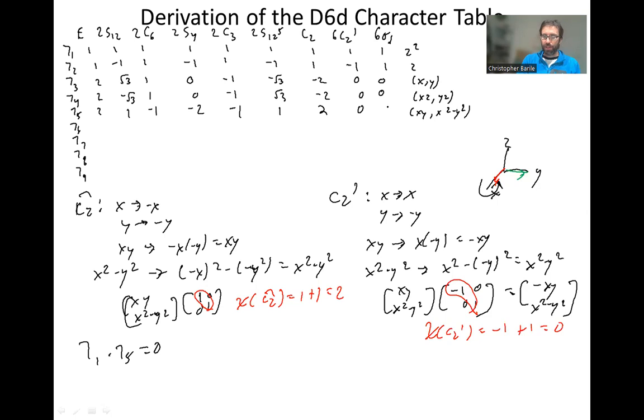So if we have an unknown value here, let's say we'll call it alpha, what this is going to be is 2 times 1 times 1 plus 1 times 1 times 2 plus negative 1 plus 1 plus 2. We're doing the dot product here. But again, we have ones across the board, so we don't have to worry about those. So I'm just going to write out 2 times 1, this first part, then 1 times 2, basically gamma 5 times the number of symmetry operations of each class.